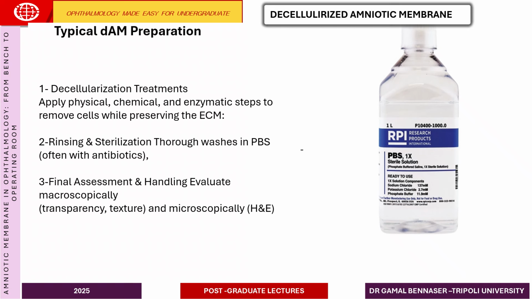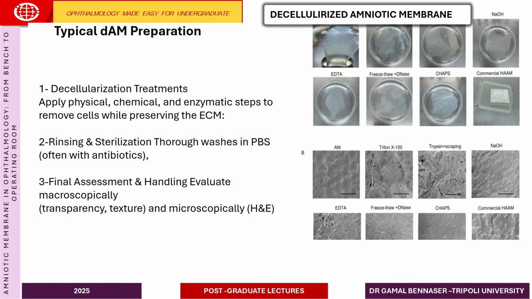So the decellularized amniotic membrane is an acellular extracellular matrix. Then finally, after finishing all this process, comes the final assessment, evaluated macroscopically for whether the membrane is transparent and its texture, and then microscopically using hematoxylin and eosin staining to ensure the cells are removed and only the integral extracellular matrix is maintained.